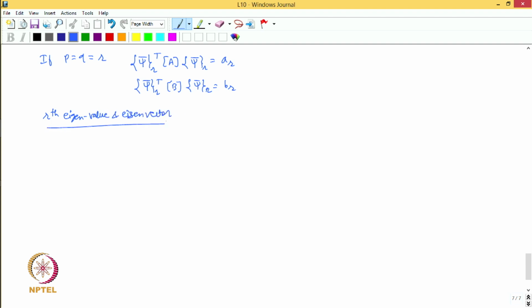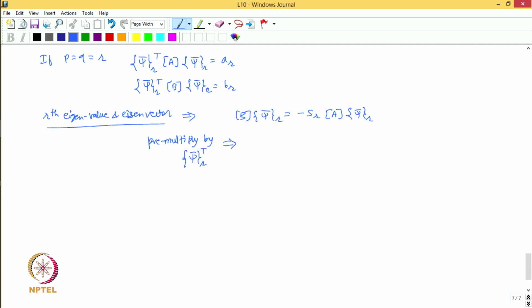If you look at that, then from the eigenvalue problem we have the result that B times the rth eigenvector is equal to minus SR into A psi bar R, and if we pre-multiply by psi bar R transpose, then what happens?